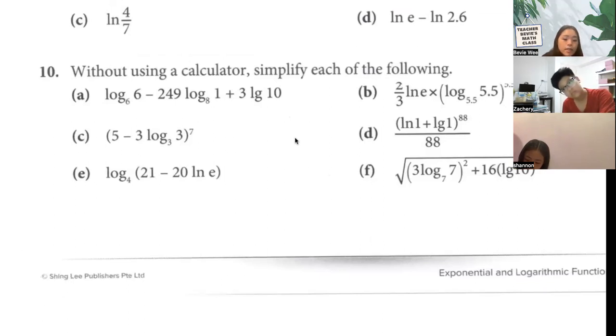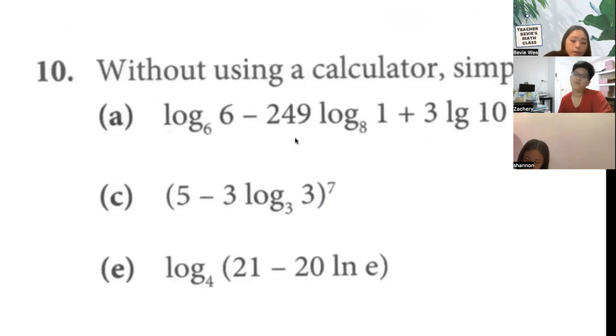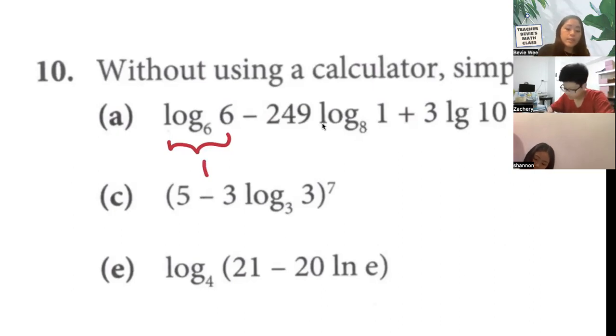Okay, question 10. Let's take a look at the first one. Can you all tell me what this value here is? 1. Yeah, correct. Log 6, log 10, log 5, log 30, this is 1. What is this value here?